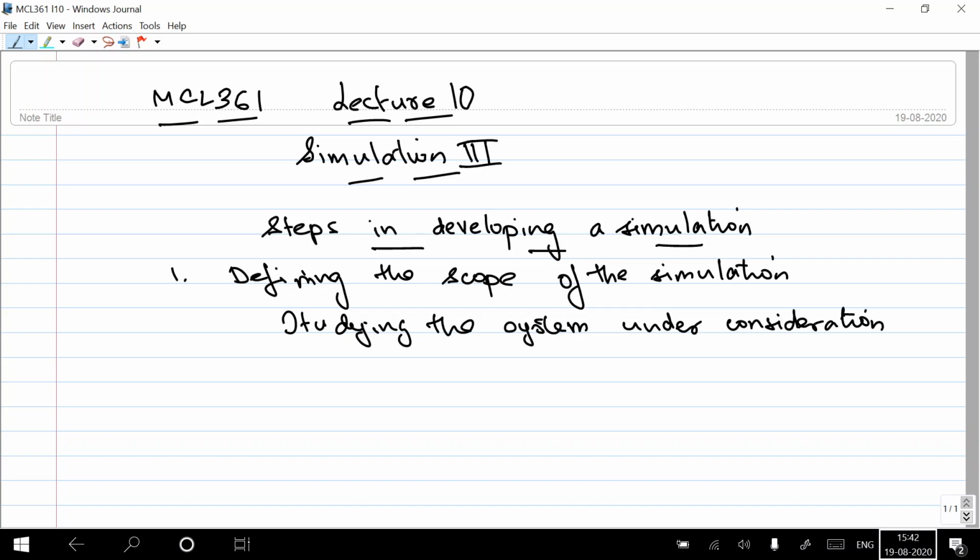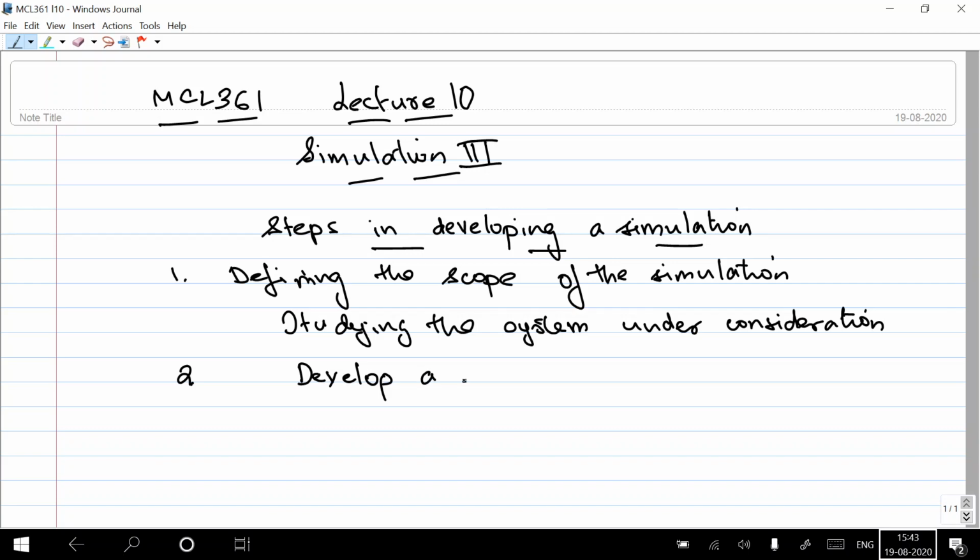And in the second step, and we're going to look at the remaining steps today, what you want to do is develop a model of the system. Once in the first step you have decided on the subsystem of the overall facility or process that you are going to model, that becomes your system that you are going to model in the simulation, right?